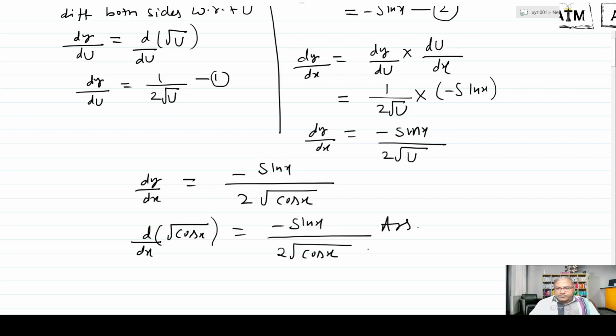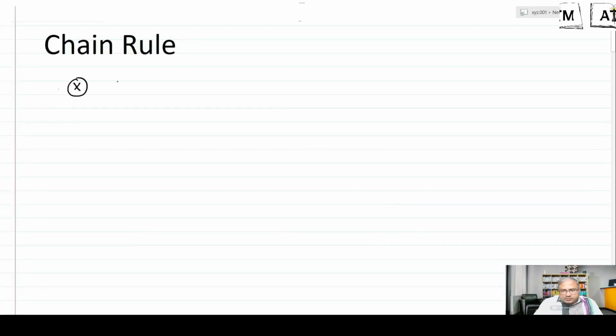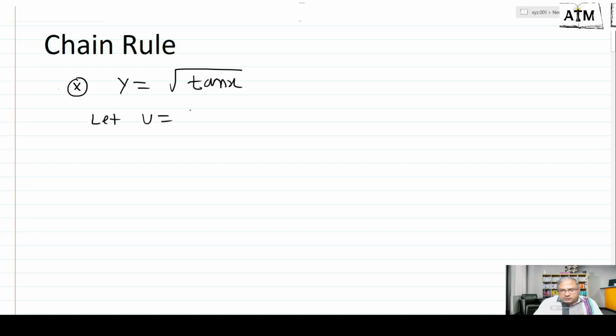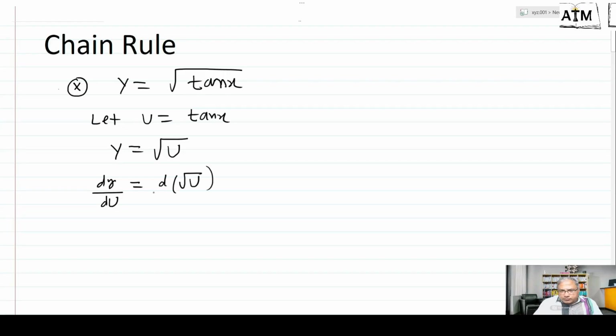Let us have one more example. Next example, y equals under root of tan x. Step number 1, let u equal tan x, then y equals under root of u. dy by du equals the derivative of root u with respect to u, equals 1 upon 2 root u.